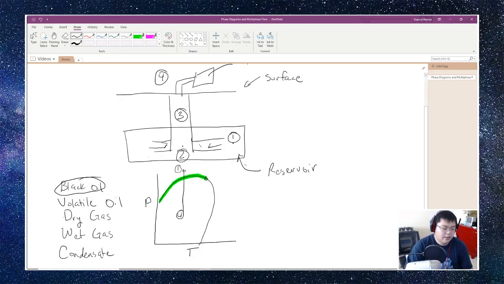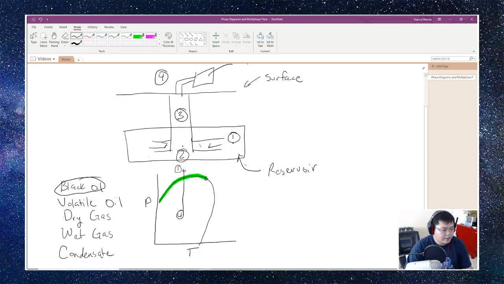Usually in experiences from the reservoir to the wellbore, there's no change in pressure because you are moving laterally in a vertical reservoir.